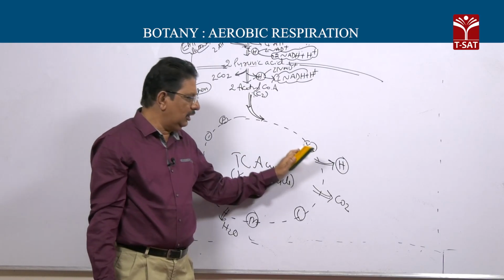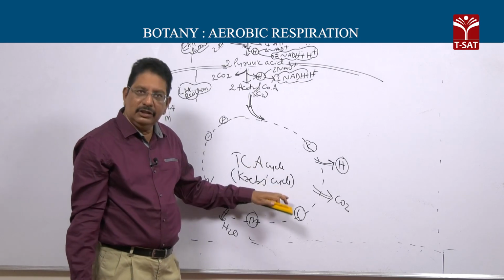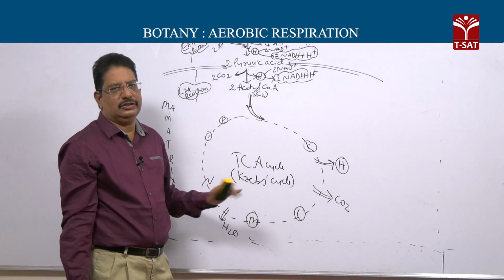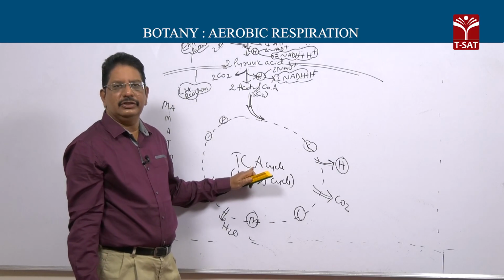So, this is a metabolic pathway which occurs in a cyclic manner and is conditioned by a set of reactions. So, it is called the Krebs cycle or TCA cycle.